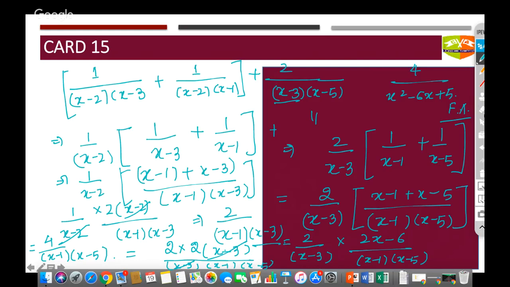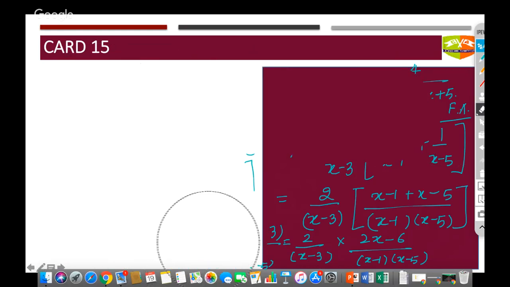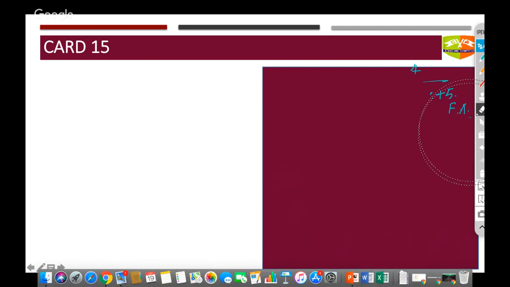I am wrapping up the session by saying that both these topics are very scoring in maths, so you should focus a lot on this. In algebraic expressions, just try to look at the pattern, which pattern needs to be followed, how the pattern is coming from solving the questions.